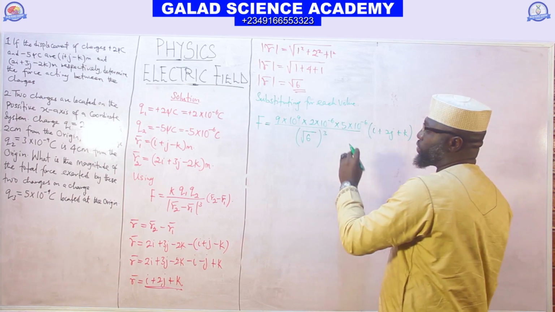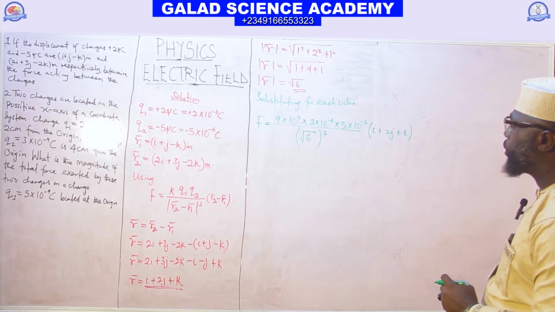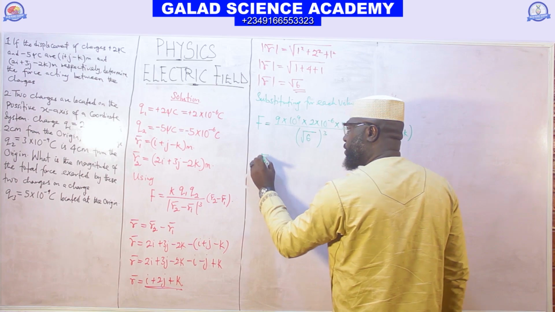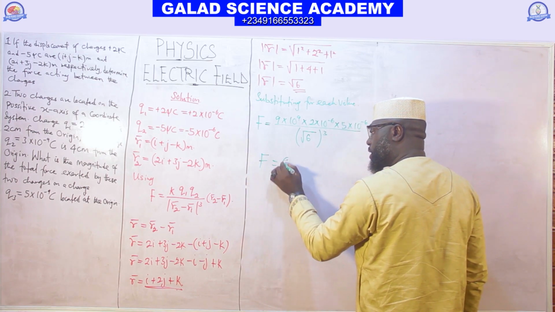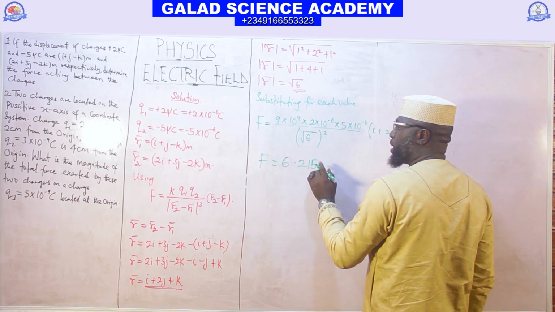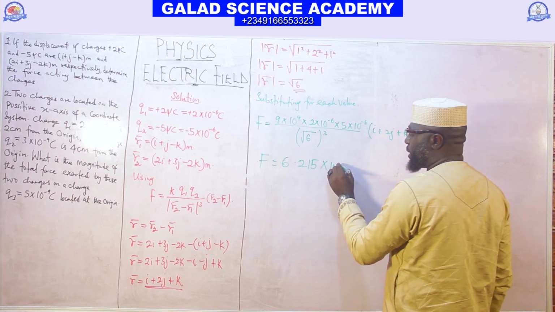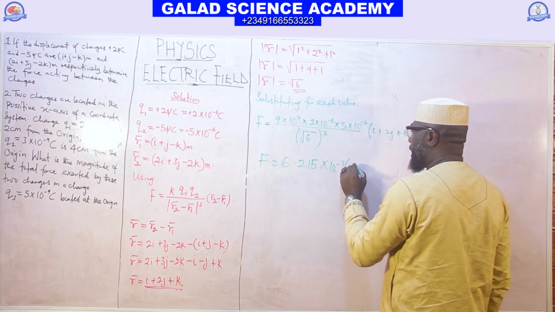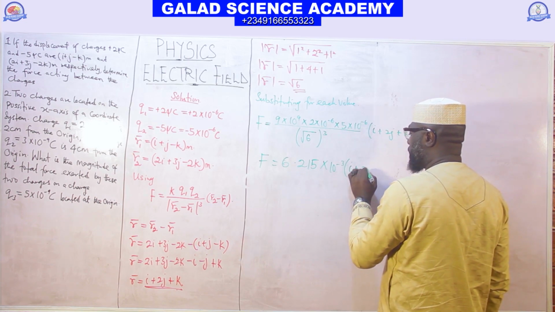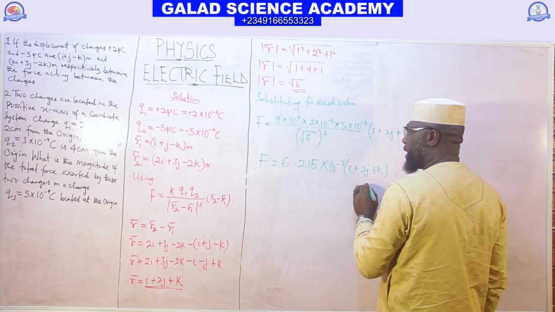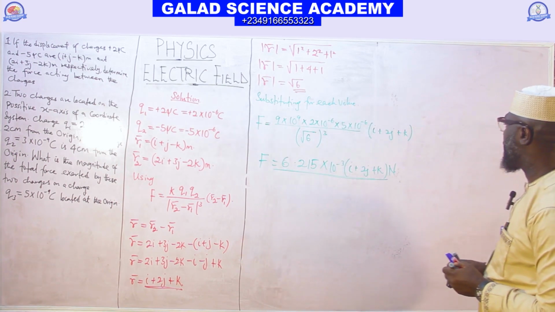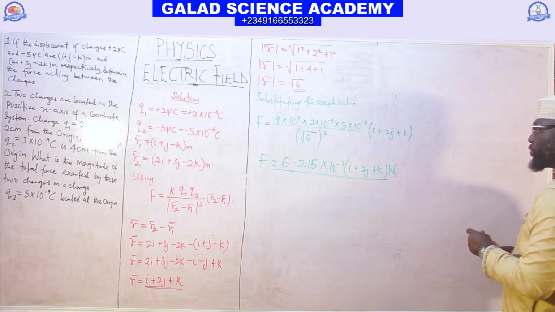So if you press your calculator without mistake, the force supposed to give us F equal to 6.215 times 10 raised to power minus 3 into I plus 2J plus K, everything in Newton. This should be the final answer for the first question.